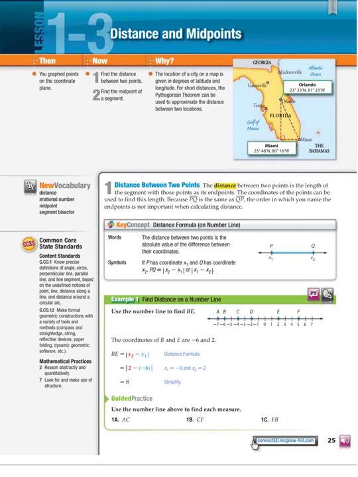The coordinates are always the numbers associated with the points. So the coordinate for point C is -4. The coordinate of E is 2. So we've got to remember that the coordinates are the numbers associated with the points.